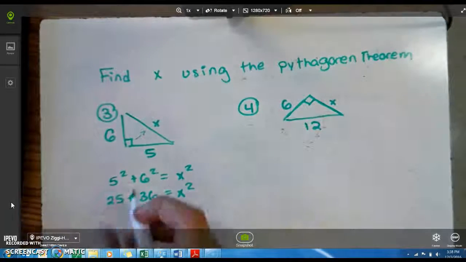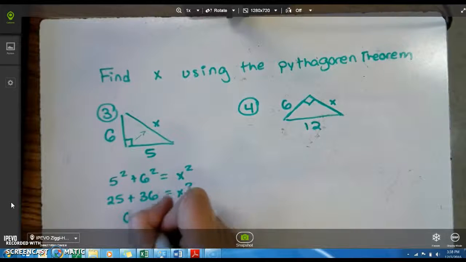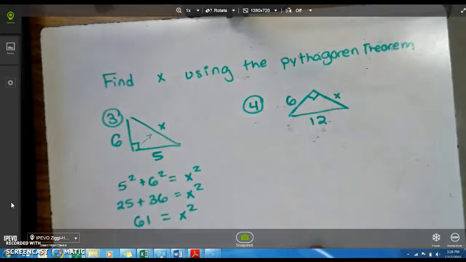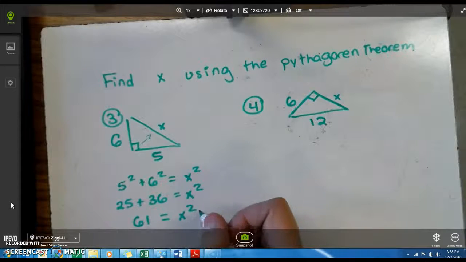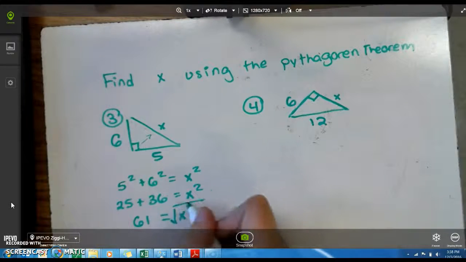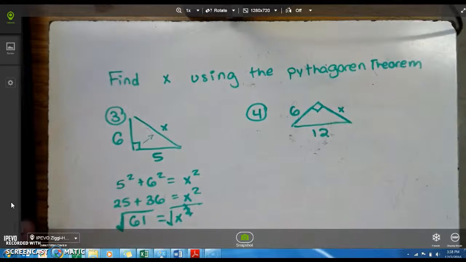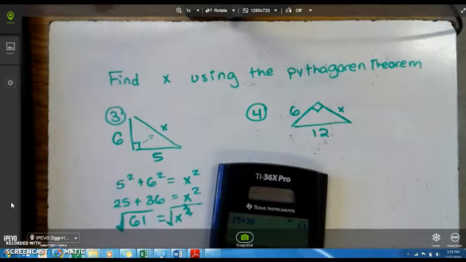61. When I want x by itself and I have it squared, then I'm going to take the square root because that is the opposite. To get x by itself, I always do the opposite of what is listed. Right? So now take the square root of 61.